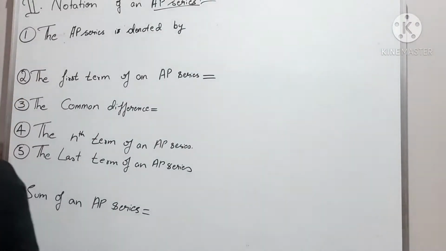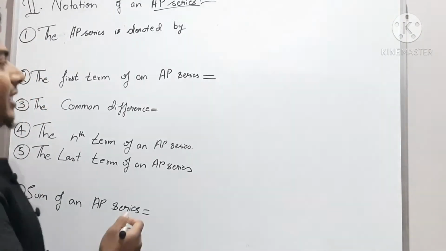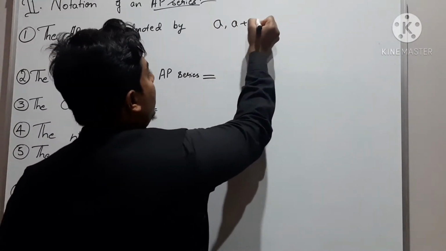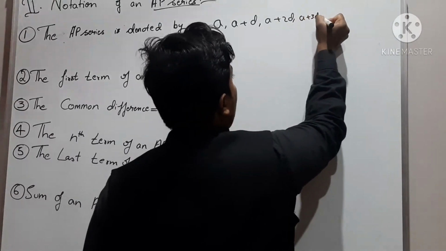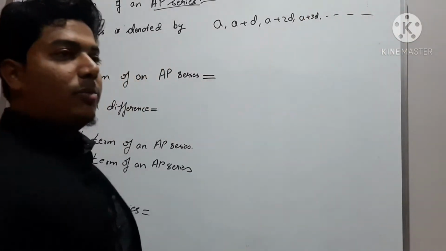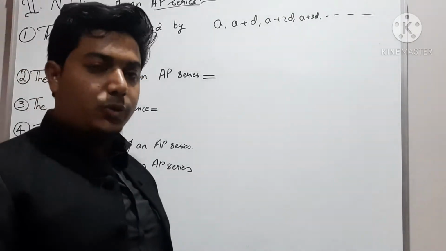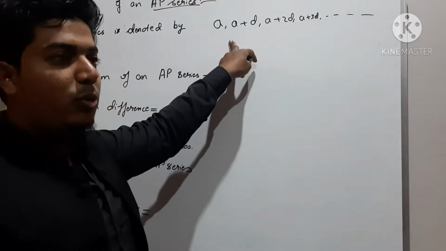Coming to the notation of an arithmetic progression series. Any arithmetic progression series is basically denoted by the terms a, a plus d, a plus 2d, a plus 3d, etc. For any problem-related questions, we will be using this type of series to denote an arithmetic progression series.